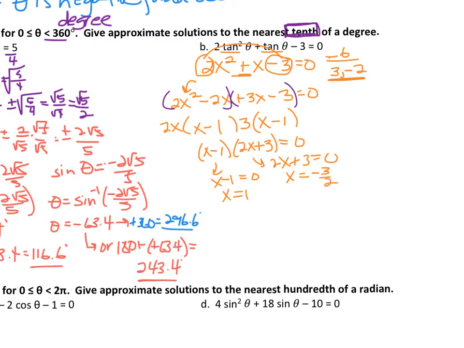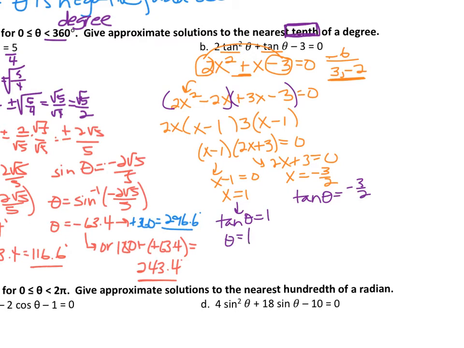It would be great if this was all we had to do, but now we've got to go back to our trig term. We were actually dealing with tangent. Because of that, we now have to set tan theta equal to 1 and tan theta equal to negative 3/2. Well, 1 looks familiar to me for tangent. That's actually on the unit circle.